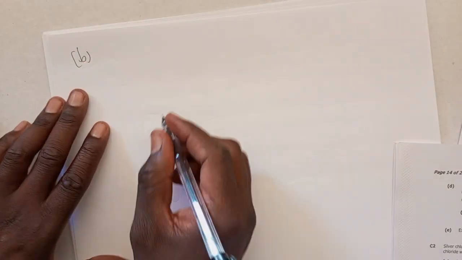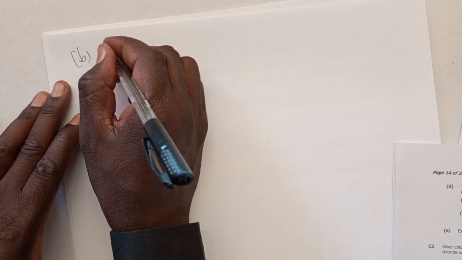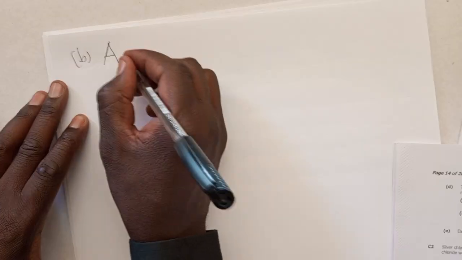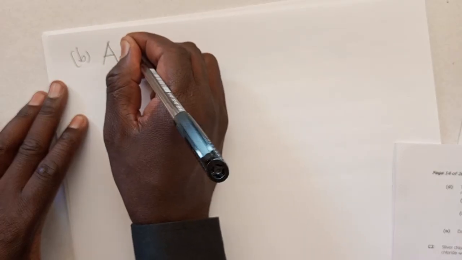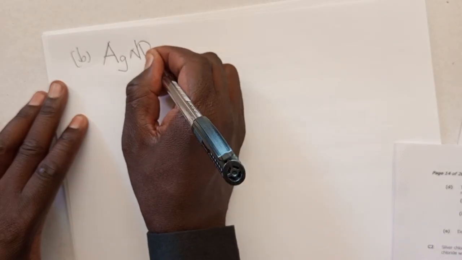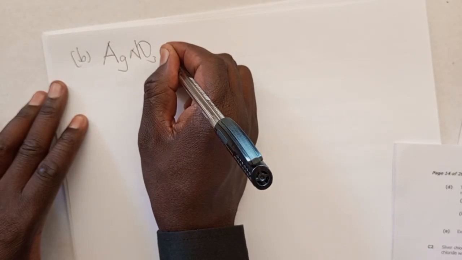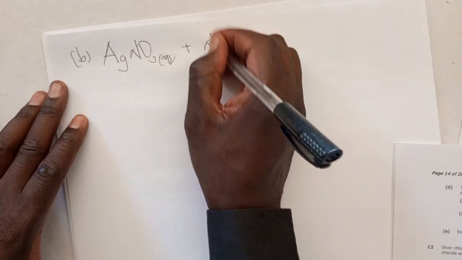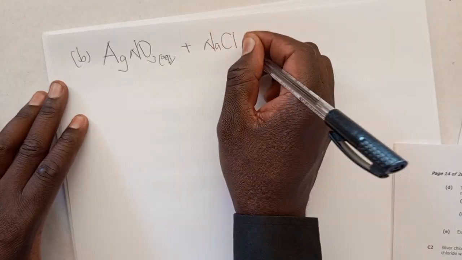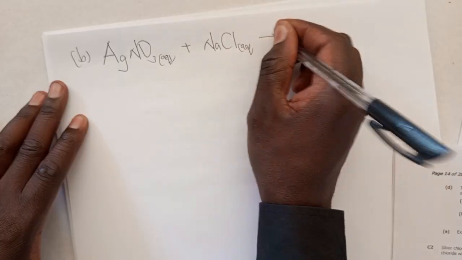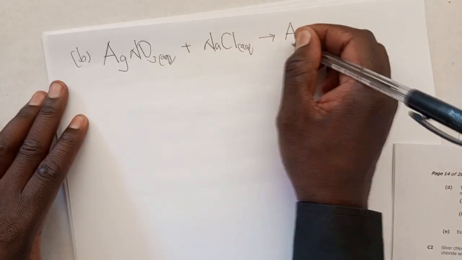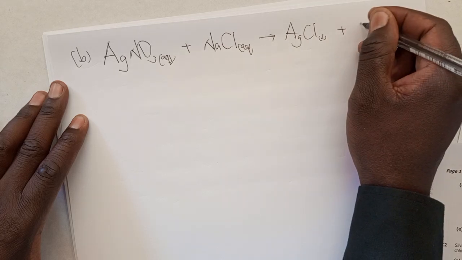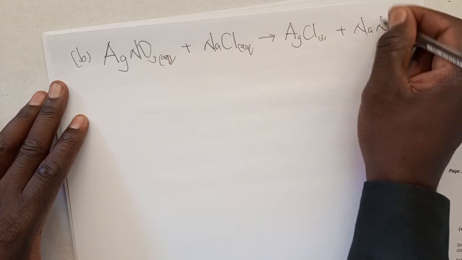The net ionic equation. So here we are talking about reacting silver nitrate, which is in aqueous state, plus sodium chloride, which is also in aqueous state, to give us silver chloride, which is in solid state, plus sodium nitrate.